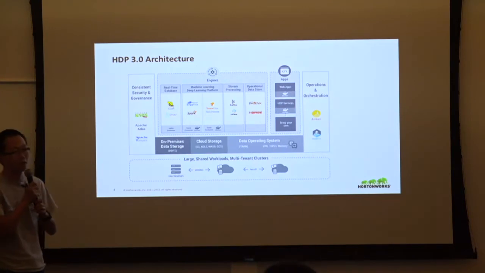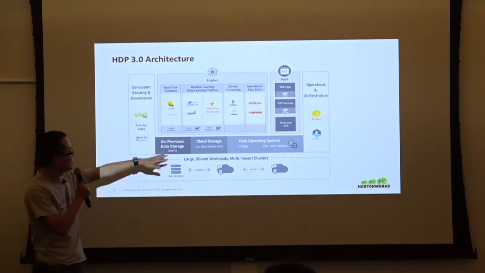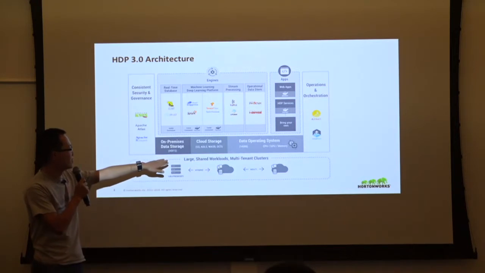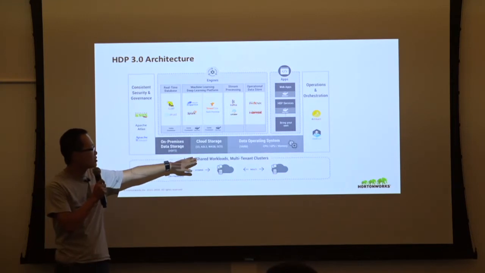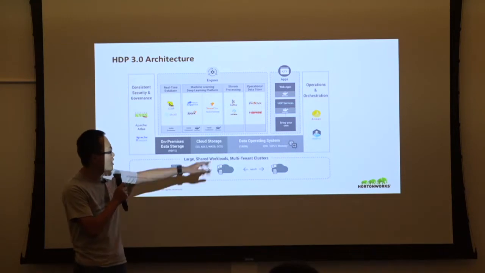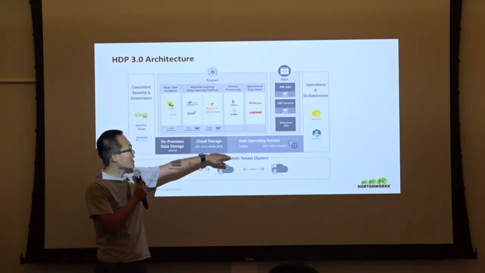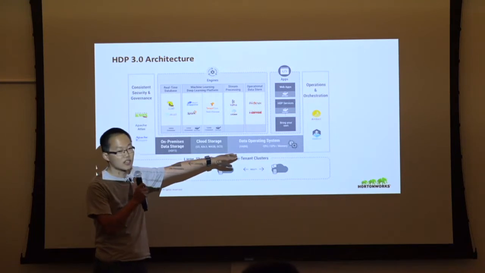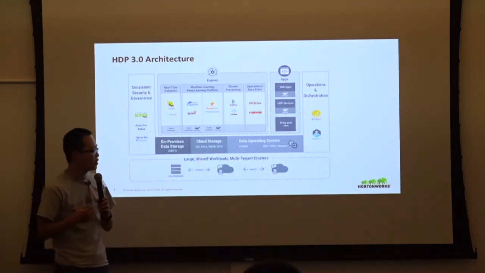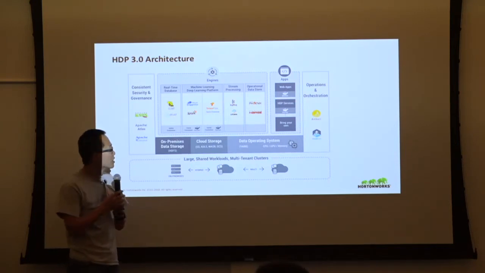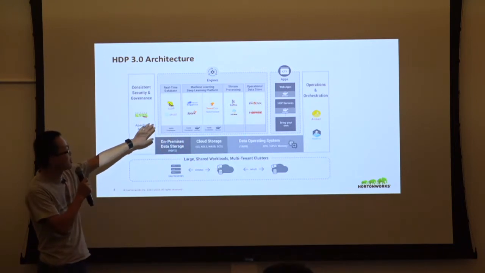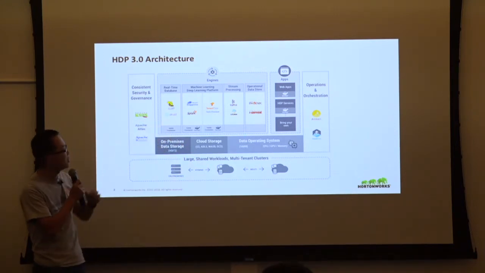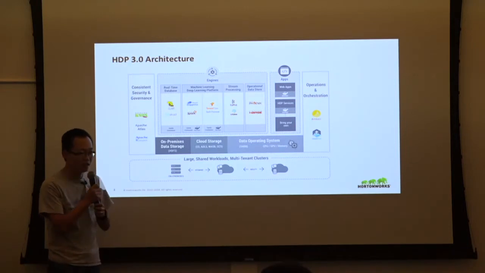This is the HDP 3.0 architecture. On the bottom layer, we have the storage: on-premise storage such as HDFS, and cloud storage like S3 and ADLS. On the right side, we have Yarn as a data operating system, which manages the jobs and the resources. On top of this layer, we can have real-time databases such as LLAP and Druid running as containers on Yarn.